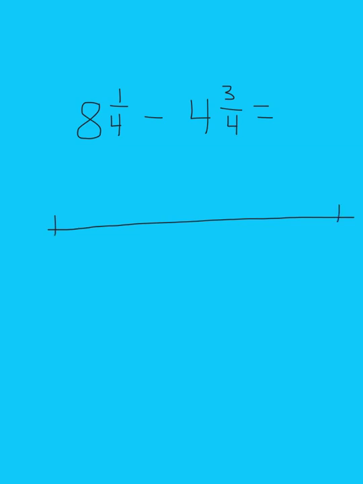Alright, so again, we're going to start with the smaller number and count up to the larger number. So we're finding the difference between the two numbers. So 4 and 3/4, so 4 and a part, our next whole would be 5 wholes. And we have 3/4, so we need to add 1 more 4th to make 4/4 or another whole, which would be 5.